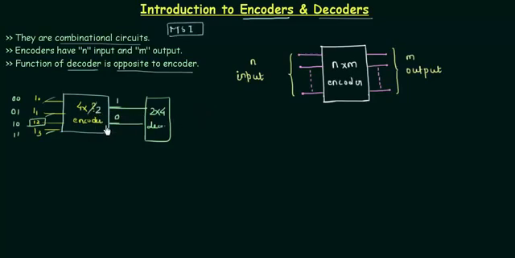We get 1 0, and we know that 1 0 in binary gives us 2. So this is O2, output 2 in decimal. What we had high as I2, we again got as O2, and O2 and I2 are the same. So instead of sending the 4 data lines, we send 2 data lines. This is the core use of encoders and decoders.